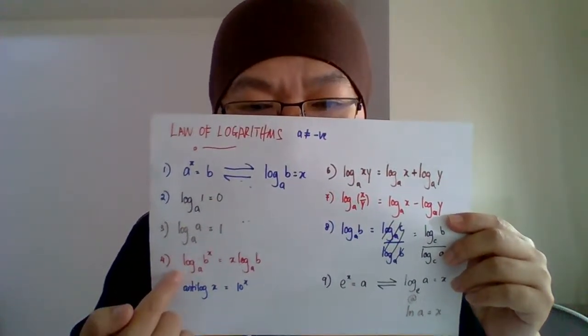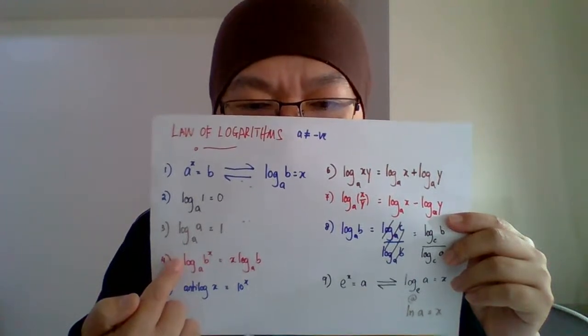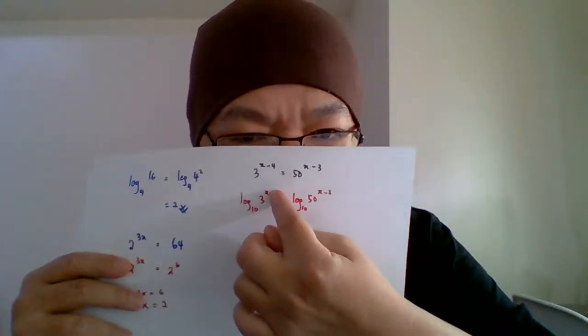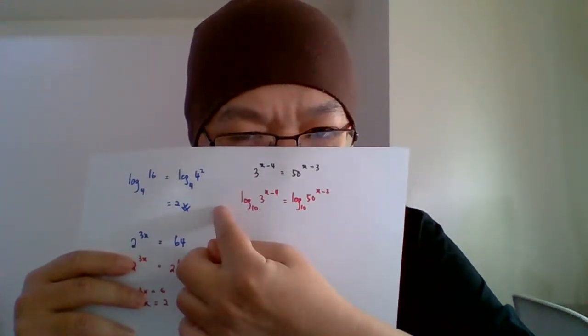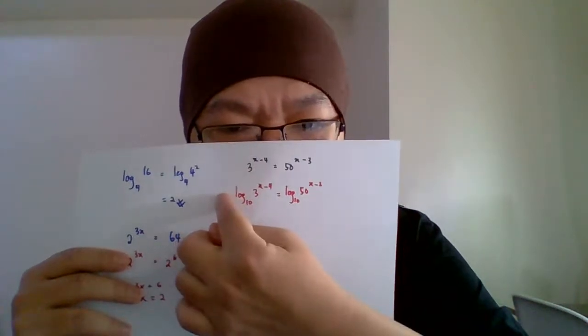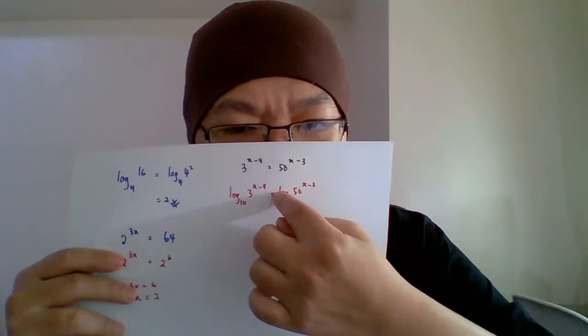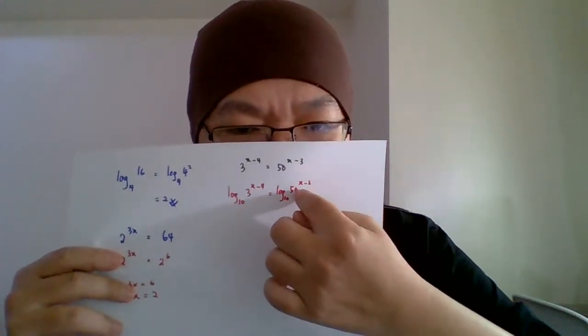So we can bring it to the front of the log. x minus 4 is the power we can bring to the front of the log. x minus 3 also we can bring down and put in front of the log of 50 here. So that is the second step. We bring down the power.